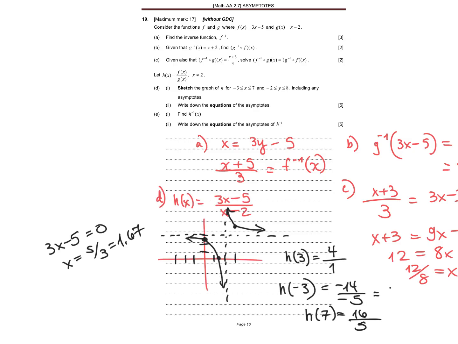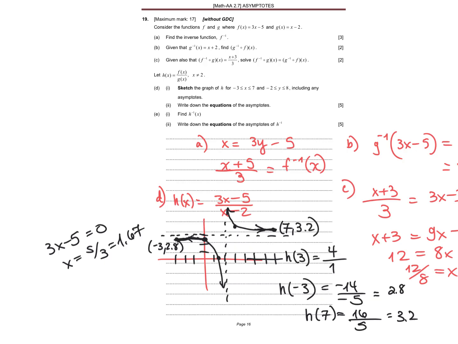So this is 2.8 and this is 3.2. So really, we need here, you would not put an arrow. You would just say it ends there, and that's -3, 2.8. And then 3, 4, 5, 6, 7 to here. It stops there, and that's 7, 3.2.